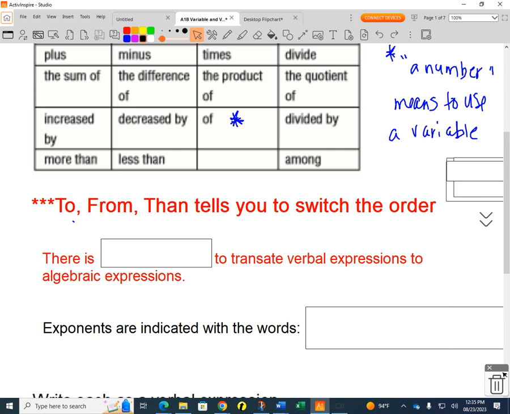Okay. So now we're in this box right below here. There is only one way to translate verbal expressions to algebraic expressions. Only one way.